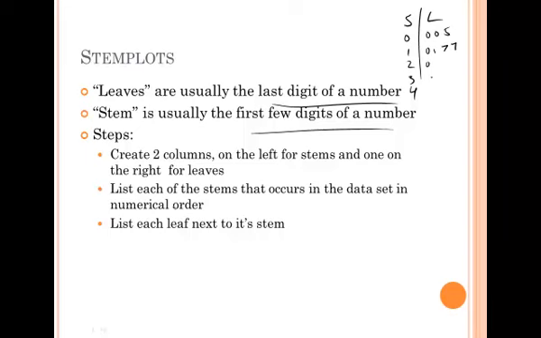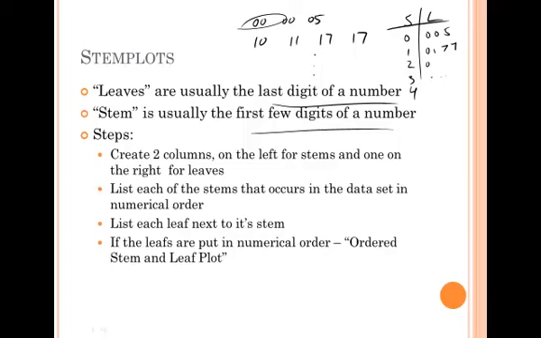So what we've got here is 0, 0, 0, 0, 0, 5, 1, 0, 1, 1, 1, 7, 1, 7, and so on. So that's what these stems and leaves essentially mean. Now I realize that we don't normally write 0, 0 as a number, but that could be something meaning something else. If the leaves are put in numerical order, right?